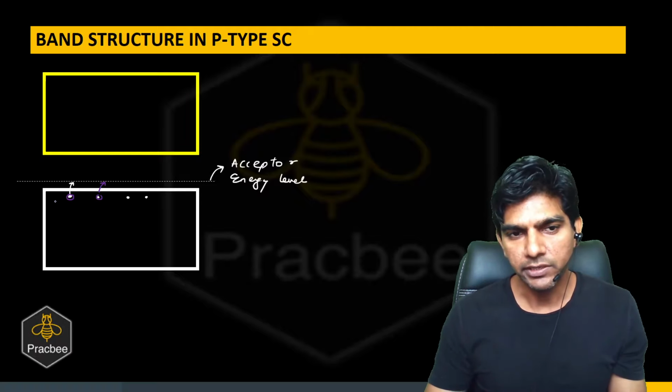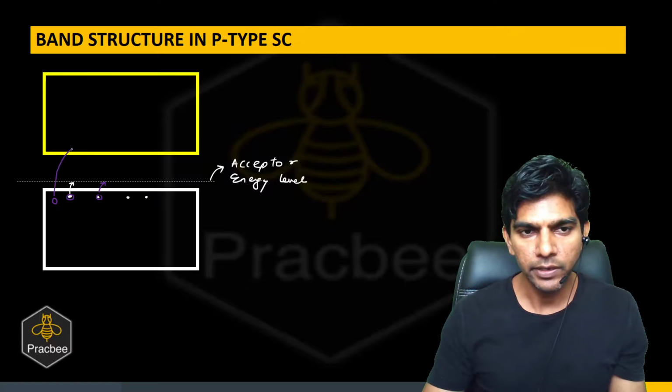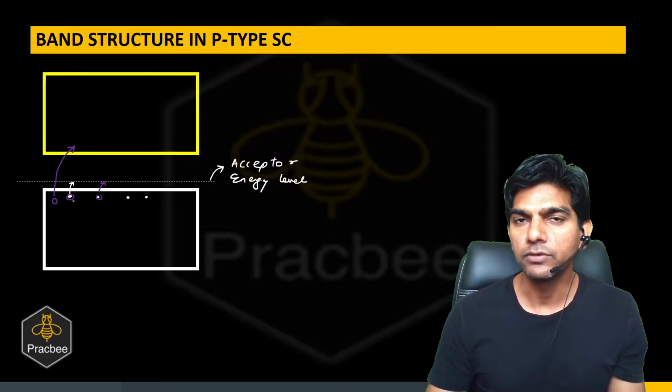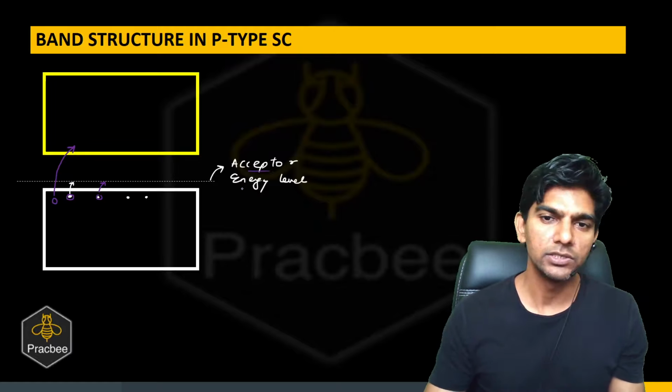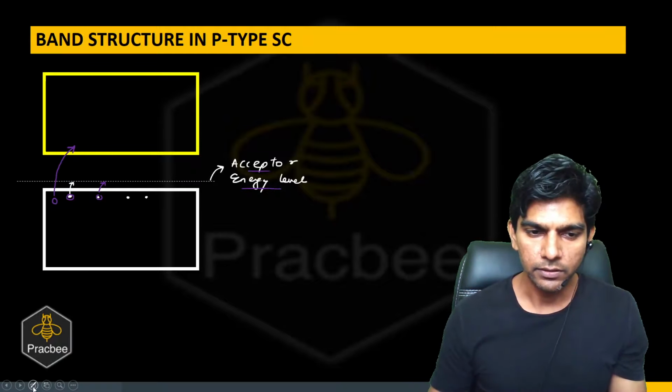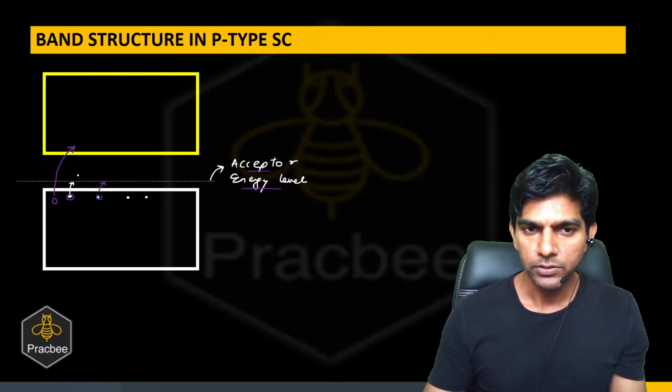There will also be some holes created because of the intrinsic property. When some bonds break, the electron will move to the conduction band and there will be a hole created. And there will be some holes created when the electron moves from the valence band to this acceptor energy level. So you can see the holes have been created in 2 ways, right? I think this concept is clear. So we should remember this.